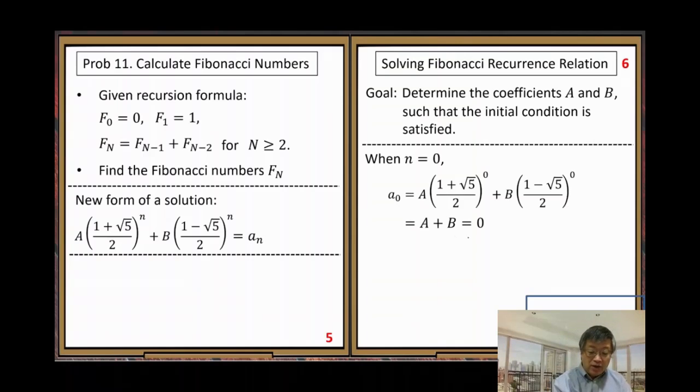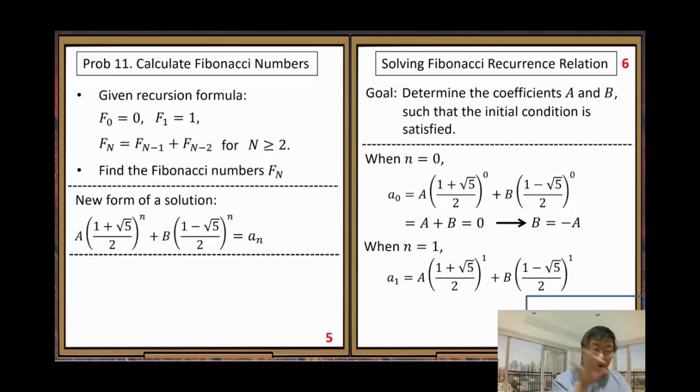That means capital A plus capital B equals 0. After simplification, that means capital B equals negative capital A.